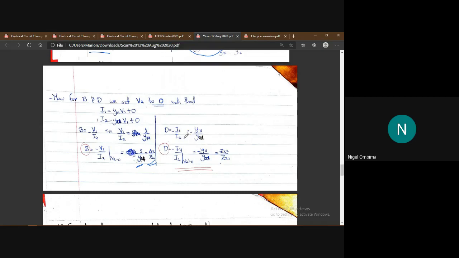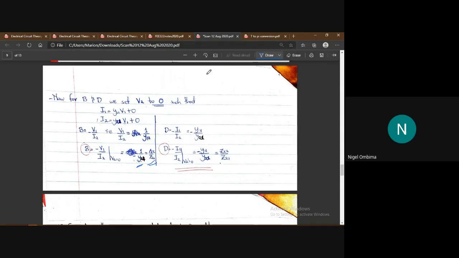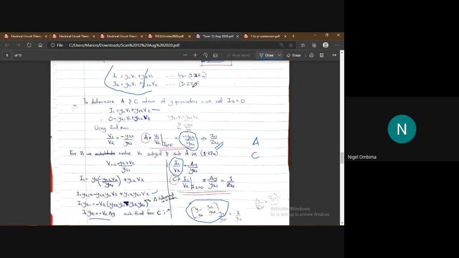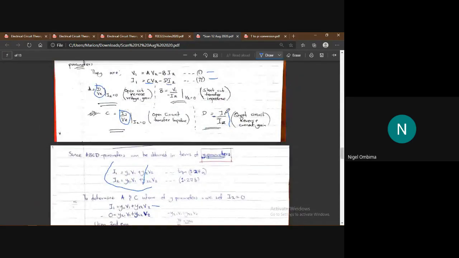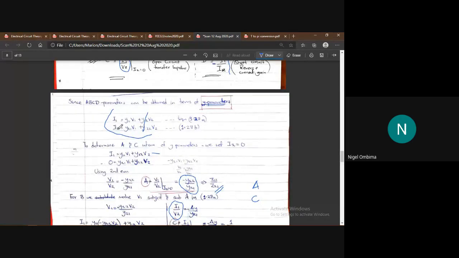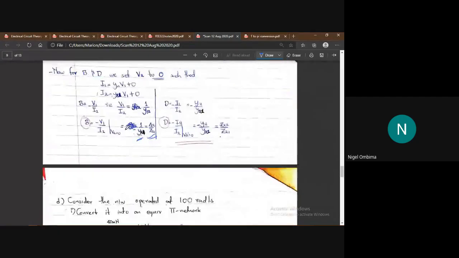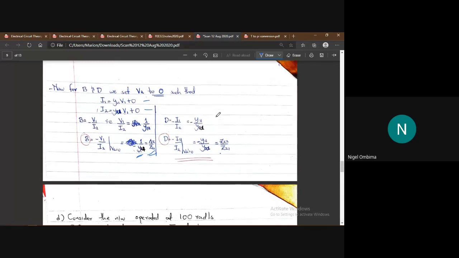There's something wrong over here. Just a minute. This is I1 over I2. We take the first equation over the second equation, because it's I1 over I2.